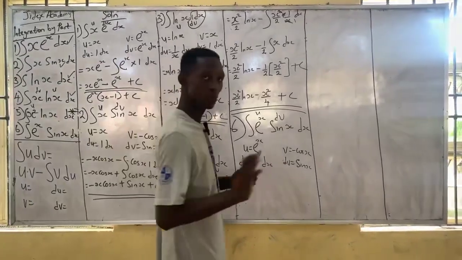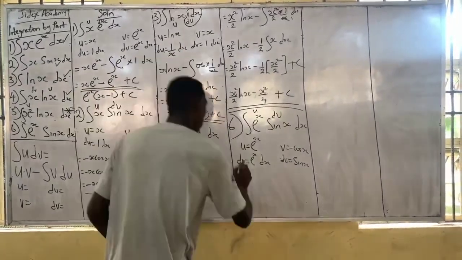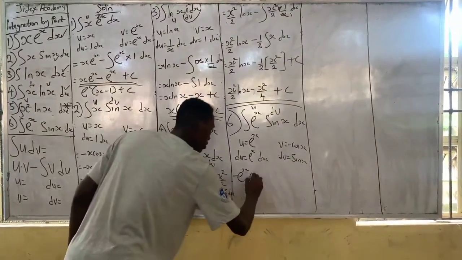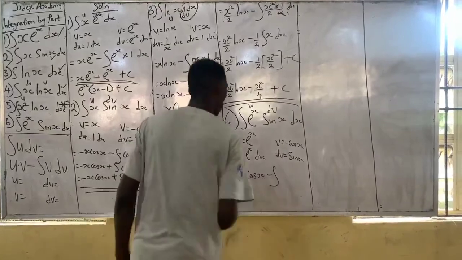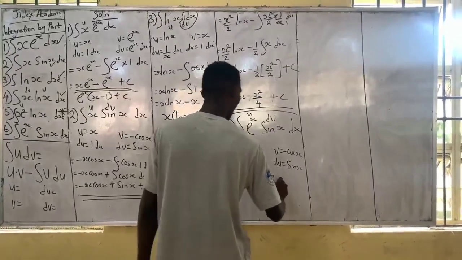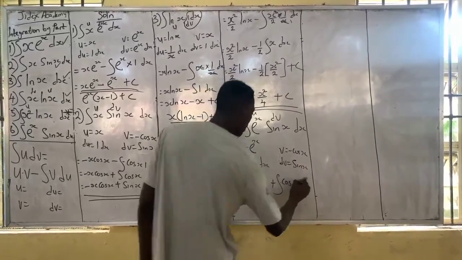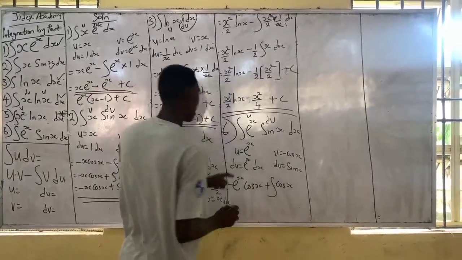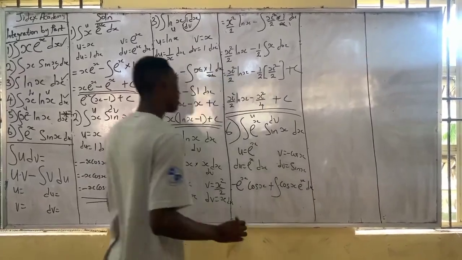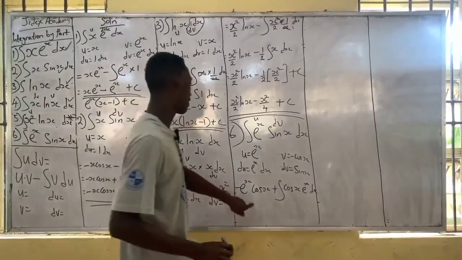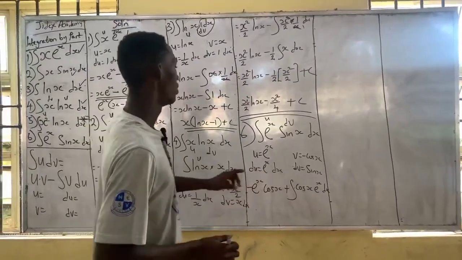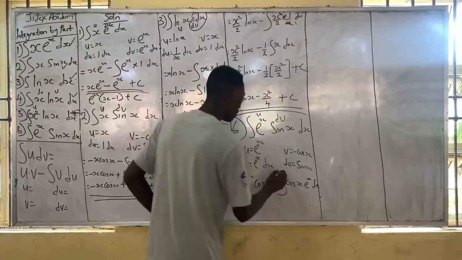But let's try it first to see what I'm talking about. I'll be doing that pretty quick. So we have e to the power of x. Let me put our minus outside: minus e to the power of x cos x, minus integration of, which is minus, so let me just change it to plus, cos x times e to the power of x dx. Can you see? Once we are done with this, we will still have to find the antiderivative of the whole of this function.